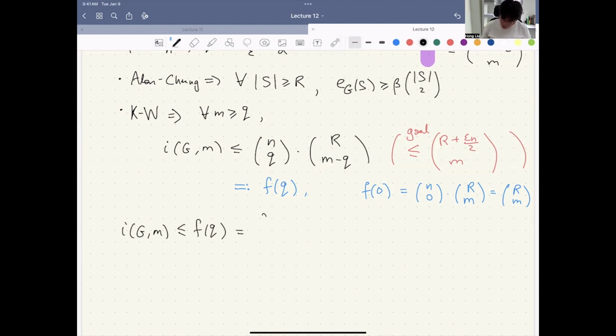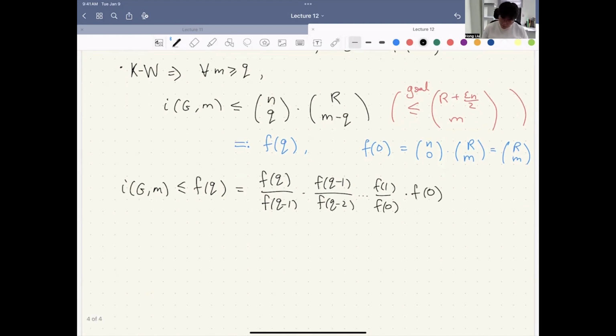We can write it as f(Q) over f(Q minus 1) times f(Q minus 1) over f(Q minus 2) and so on down to f(1) over f(0), times f(0).